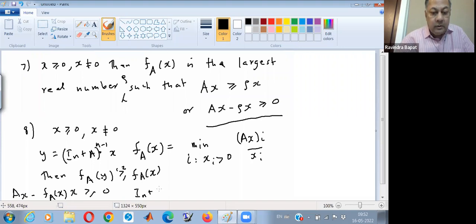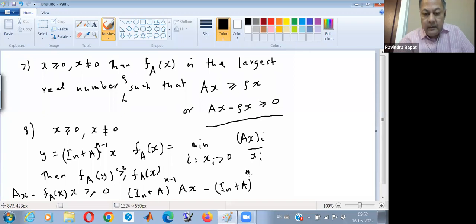Because this matrix is positive, the inequality is maintained, so (I plus A) raised to n minus 1 times (Ax minus f(x) x) is greater than or equal to 0.